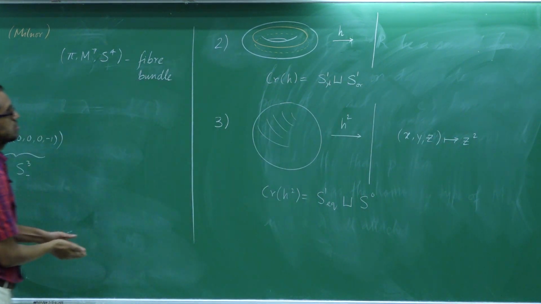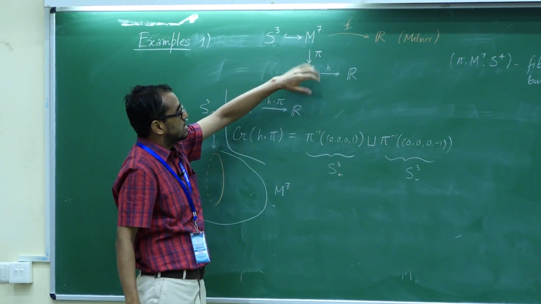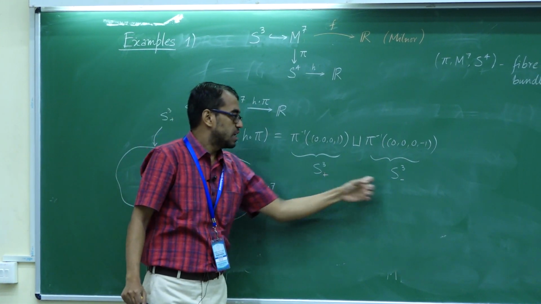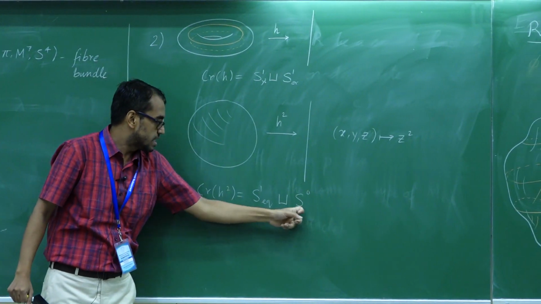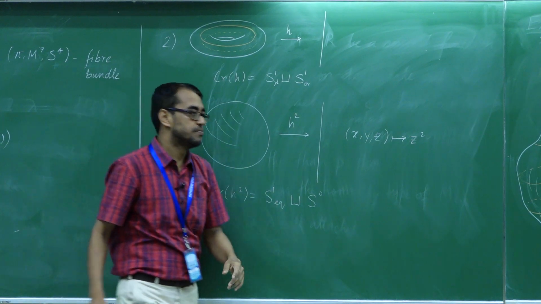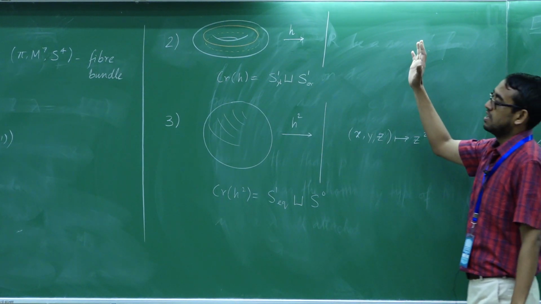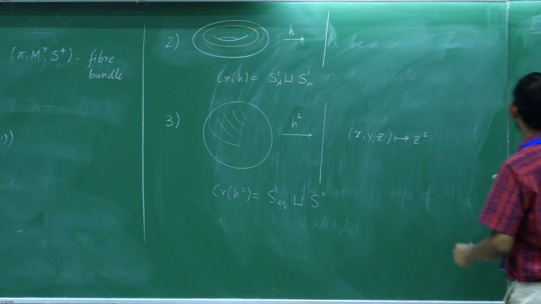So you are seeing two kinds of examples. One where this is a generalization of a Morse function where the critical sets are submanifolds of the same dimension. Here the critical sets are submanifolds, not necessarily of the same dimension. So now I think we can define what a Morse-Bott function is. A Morse-Bott function is a generalization of a Morse function which subsumes it.